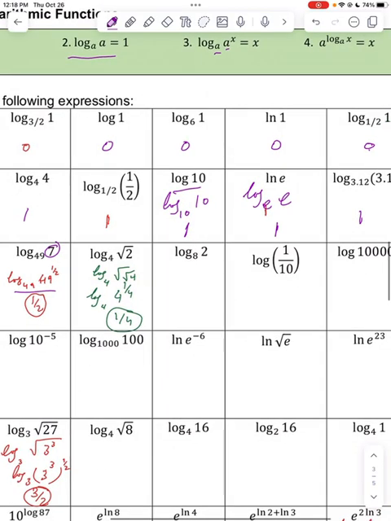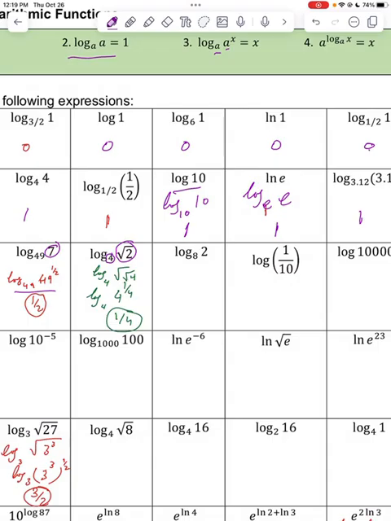Okay, next one. So we have base is 4. So we have to think about how can I write square root of 2 as some power of 4. Now we know that 2 is actually square root of 4, and there is already a square root there.